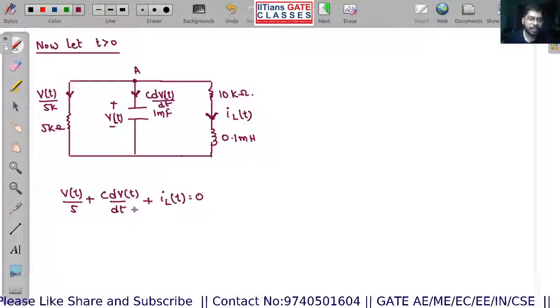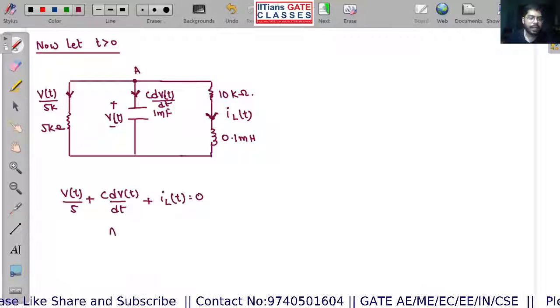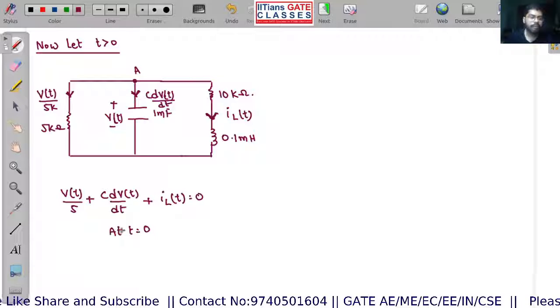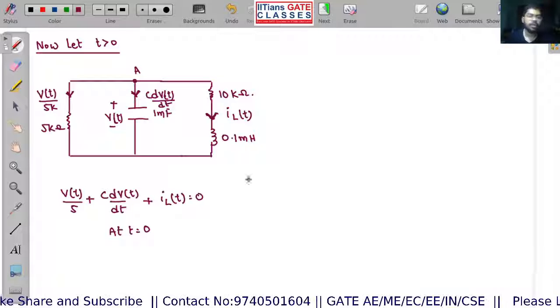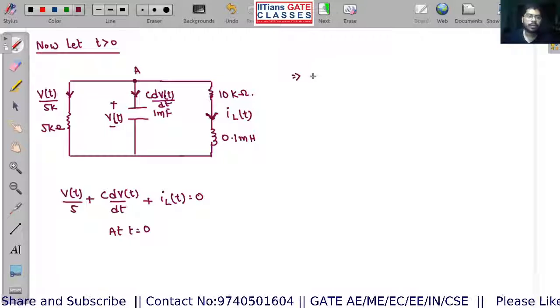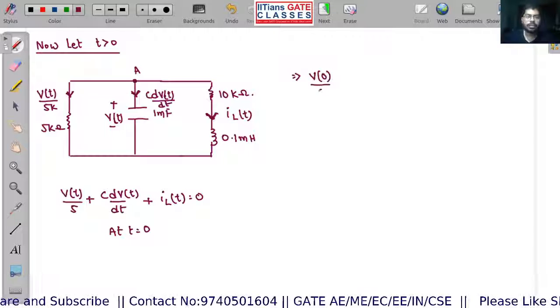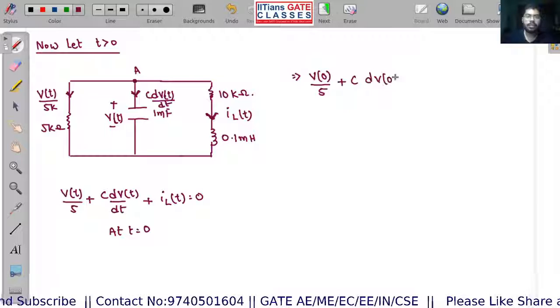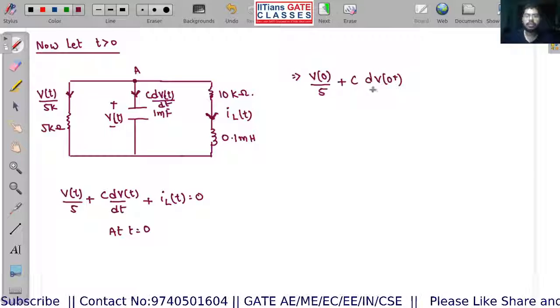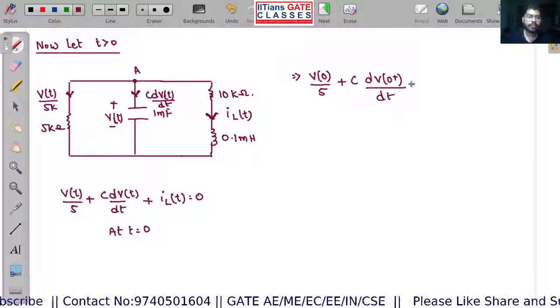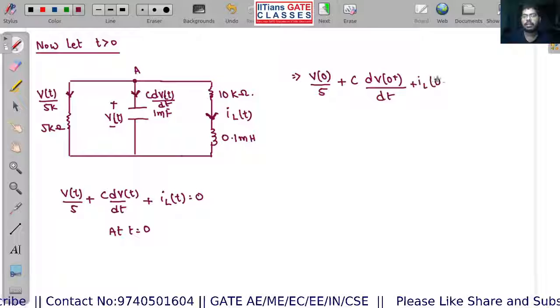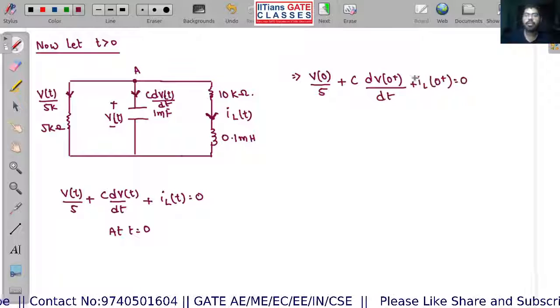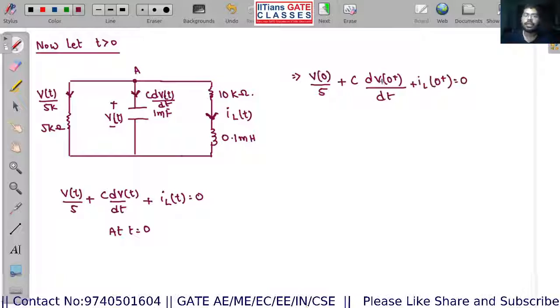Now we need to find this quantity at t equal to 0. So substitute t equal to 0. What do you get? V of 0 plus C dV of 0 plus by dt plus IL of 0 plus equals 0. So you have all this quantity.